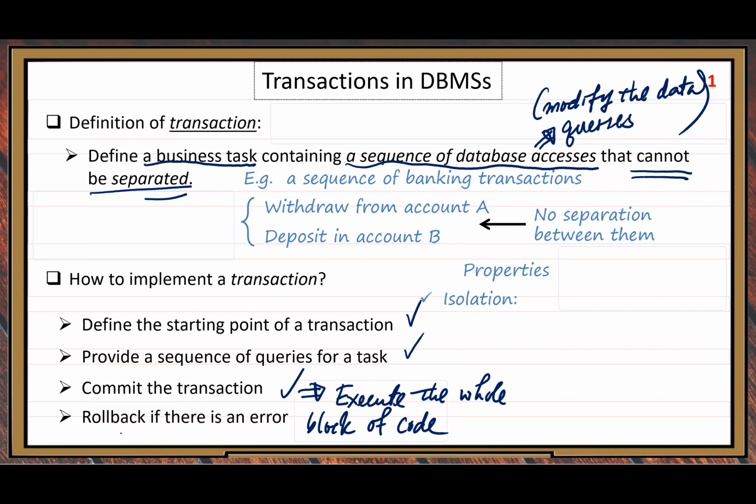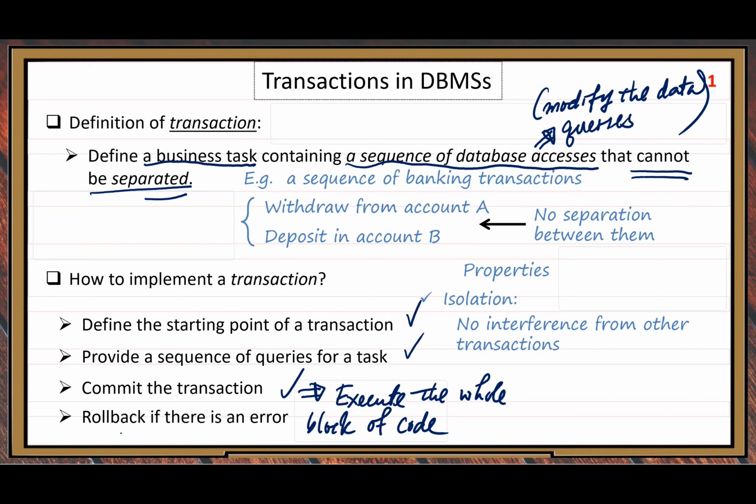Your DBMS may need to execute multiple transactions at the same time. So each transaction should be isolated from other transactions. No interference. That's the simple requirement.